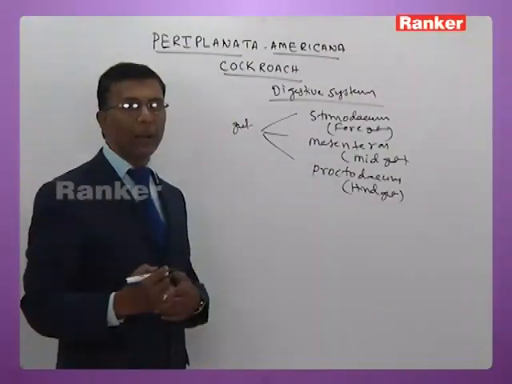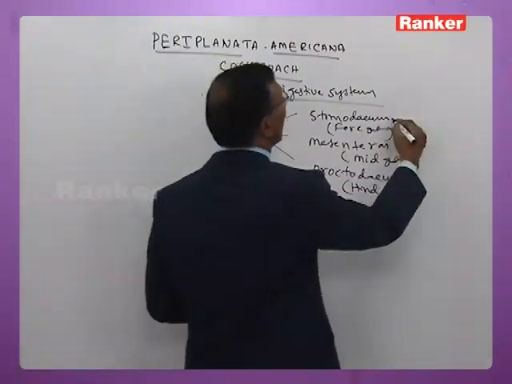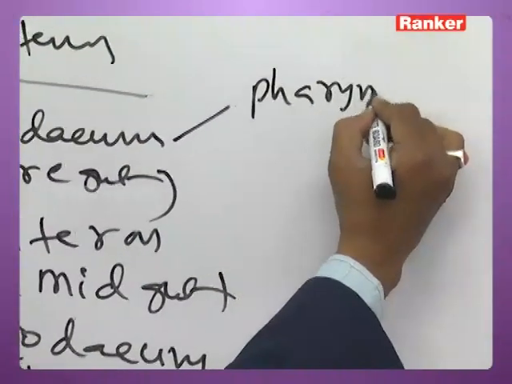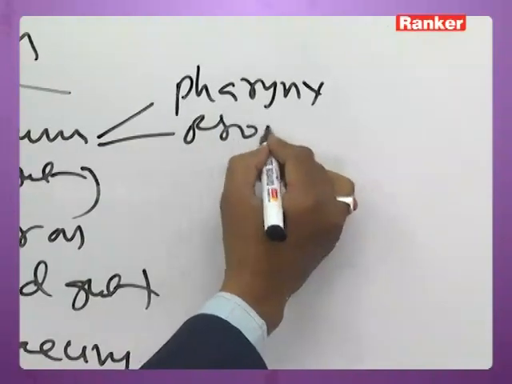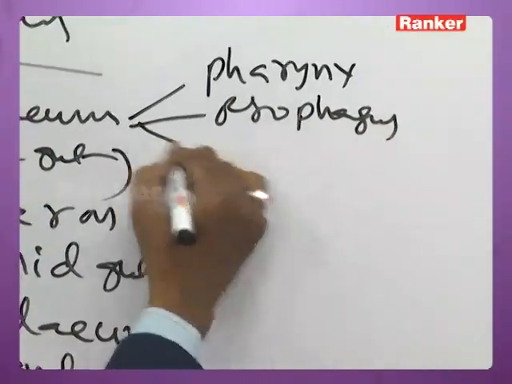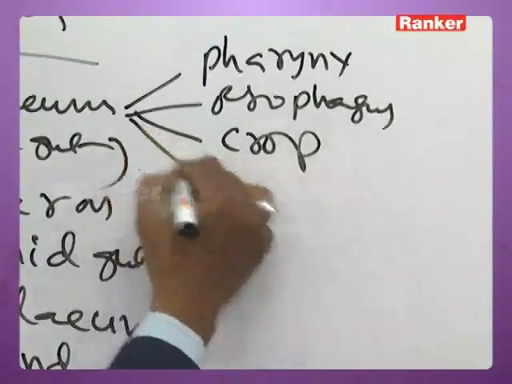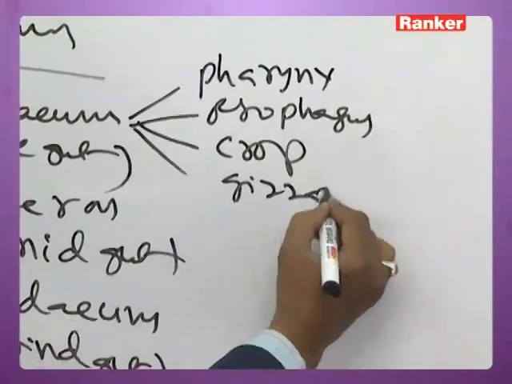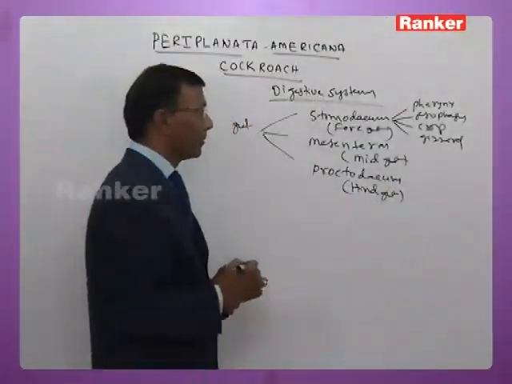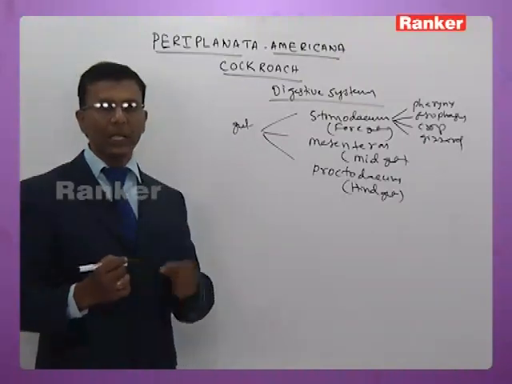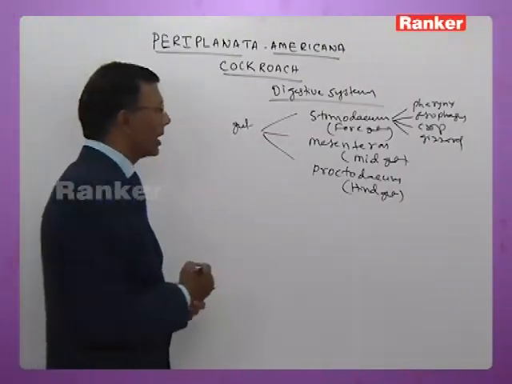The stomodium comprises pharynx, esophagus, crop and gizzard. Mesenteron contains only the midgut or mesenteron.